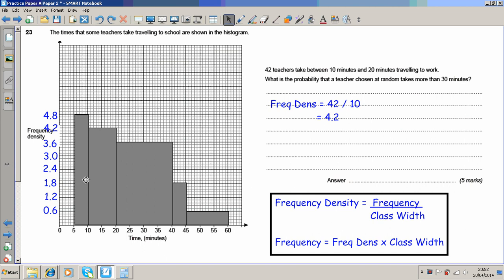Right then, so there's our frequency density scale going up the side there. So now what is the probability the teacher chosen at random takes more than 30 minutes to get to the school?